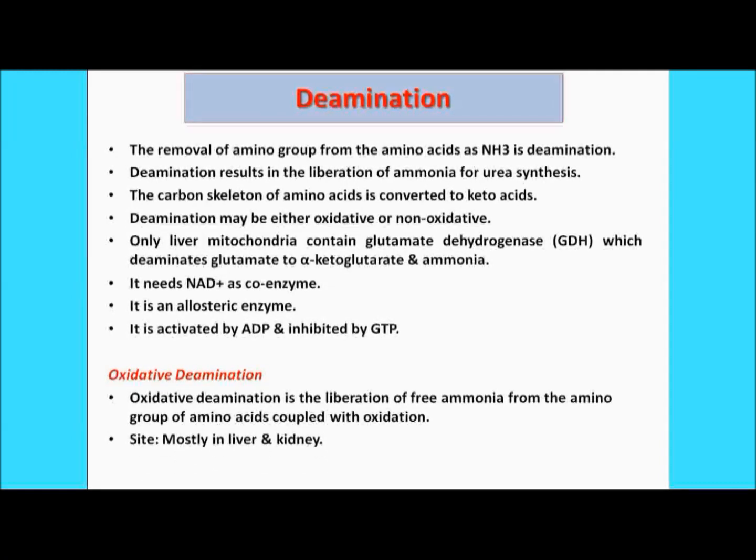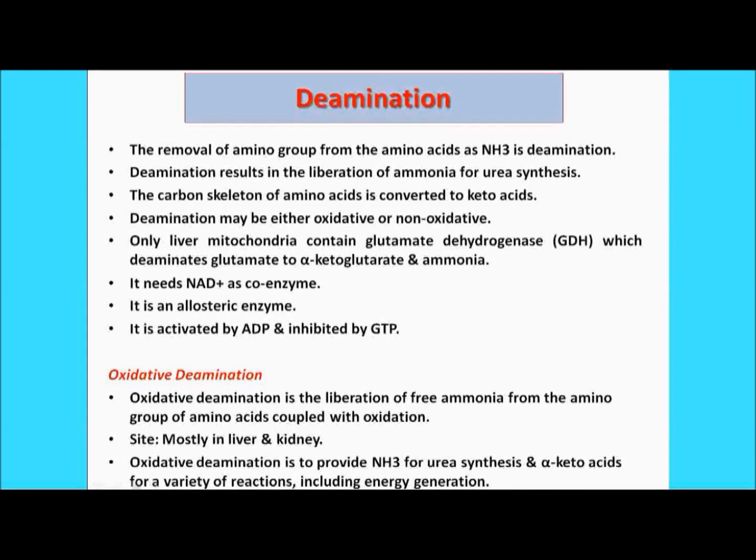The most common site is the liver and the kidney, but preferentially it takes place in the liver. As I already told you, this particular enzyme, glutamate dehydrogenase, is needed for this process, right? And this oxidative deamination is to provide the ammonia for urea synthesis and alpha ketoacids for a variety of reactions, which includes energy generation.